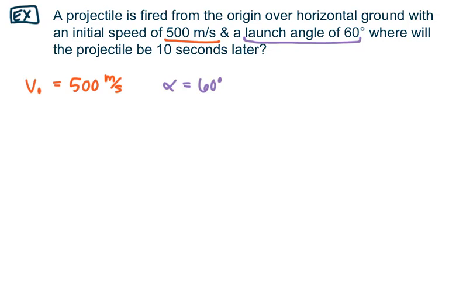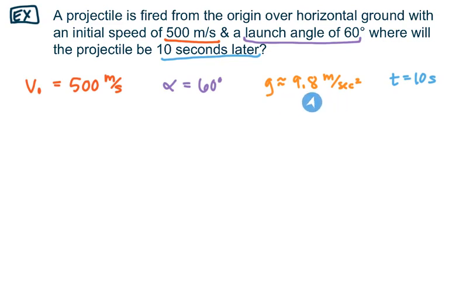Now, because we are dealing with the metric system, the value we use for g is 9.8 meters per second squared. So this is our metric acceleration due to gravity. And then we also know that we're looking at t equal to 10 seconds.